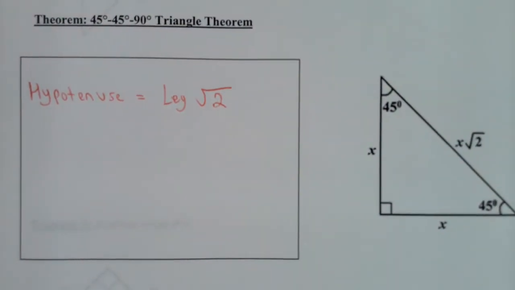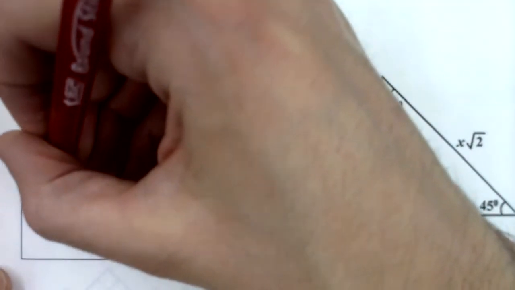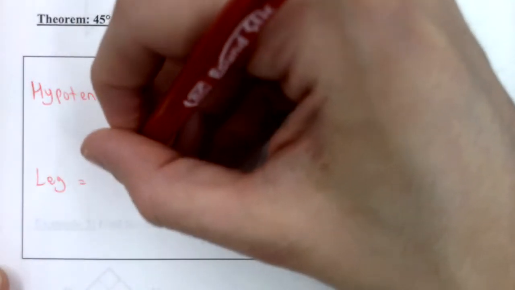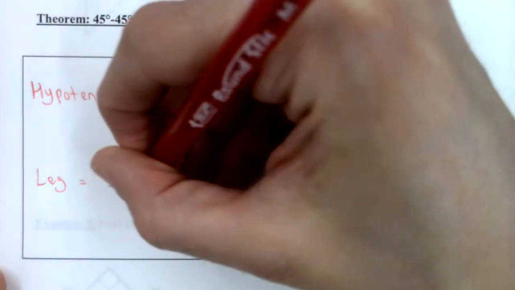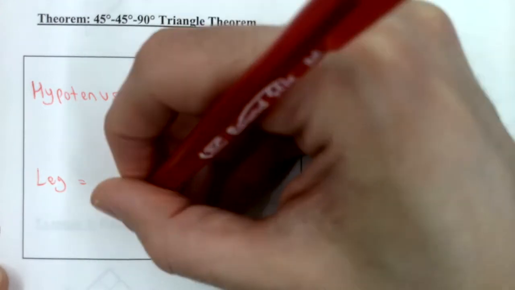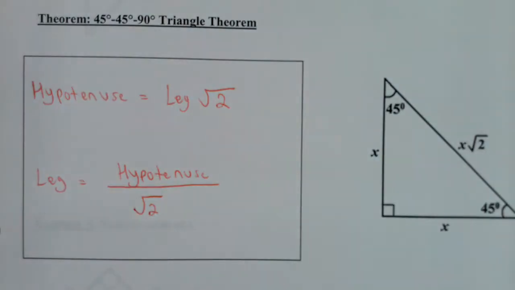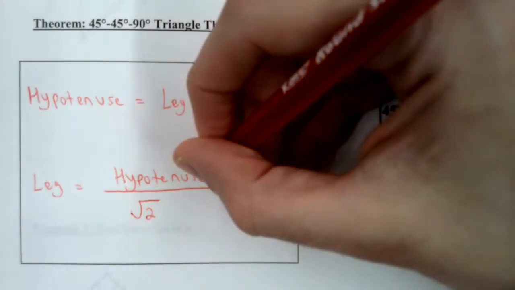And the other thing you have to know is that the leg, let's work backwards, equals the hypotenuse divided by the square root of 2. Okay, so you got to memorize those two. Okay, these are for 45, 45, 90 triangles.